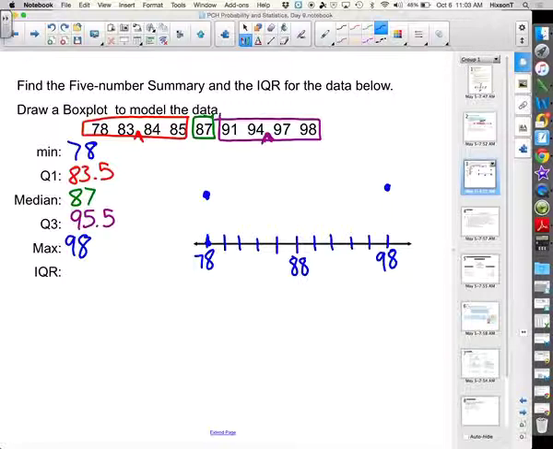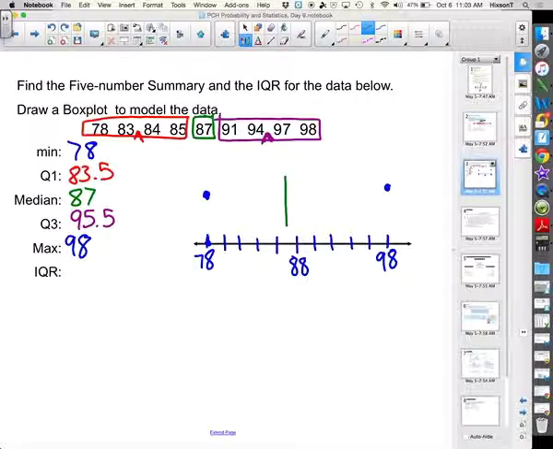Alright, so now I have my min and my max. I have my number line with a good scale to use. Now I just need to plot these other values in my 5-number summary. Okay? So 87. We're going by 2, so 87 is going to be right about here.